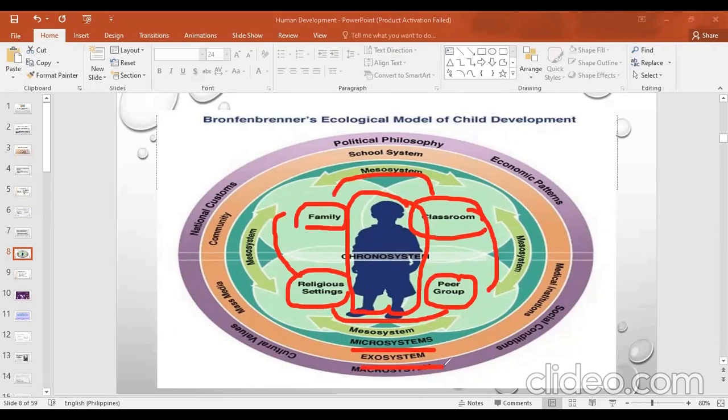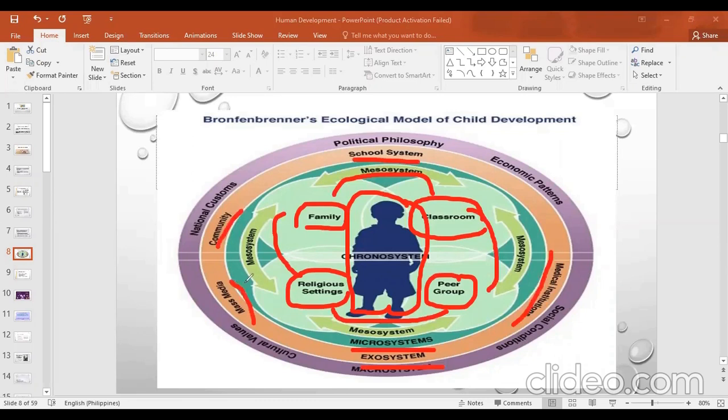In exosystem naman, sabi natin kanina, it involved the developing of a person, pero not directly. Okay? So it includes neighborhood, your community, school system can be, medical institutions, mass media, and etc.